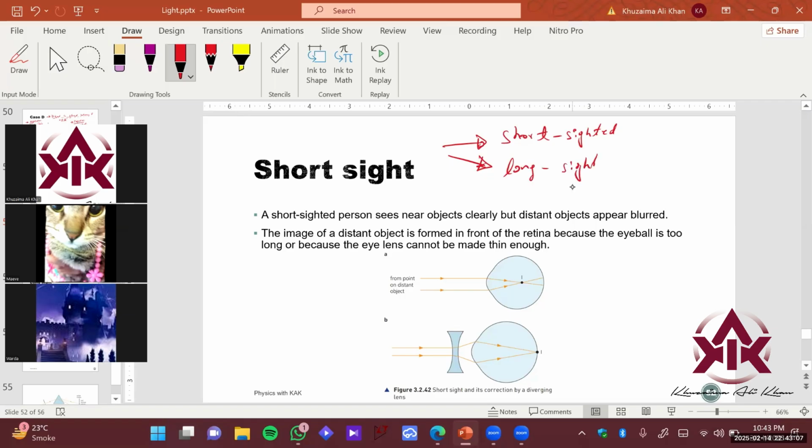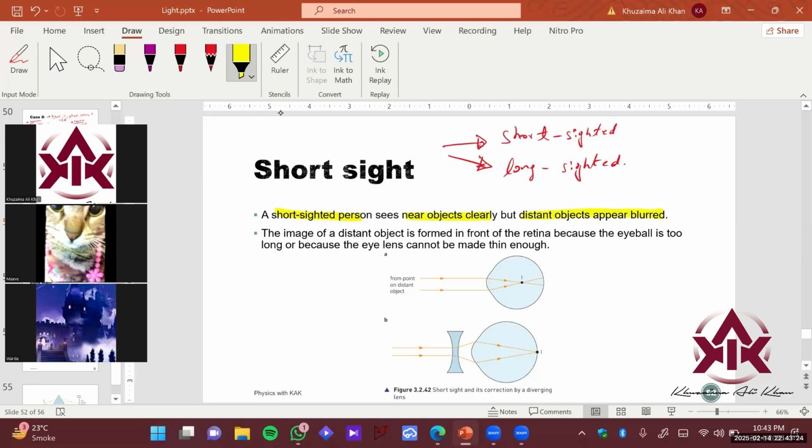The definition will be discussed soon. A short-sighted person can see closer objects clearly, but cannot see objects which are far away. You can see near objects clearly, but distant objects appear blurred, right?